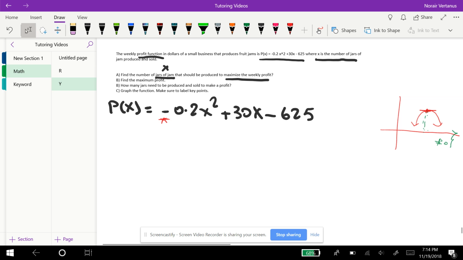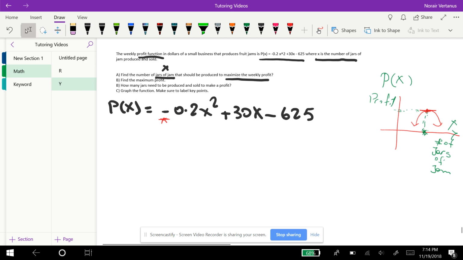Jars of jam. And this is the profit, P of x. This is the x value that we want to know. What is this x value at the point where we have the maximum profit?